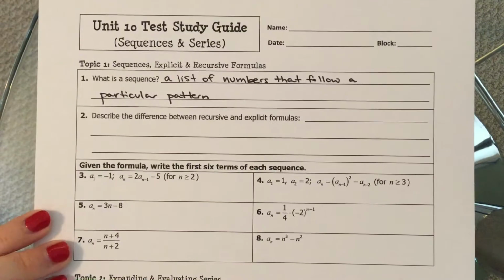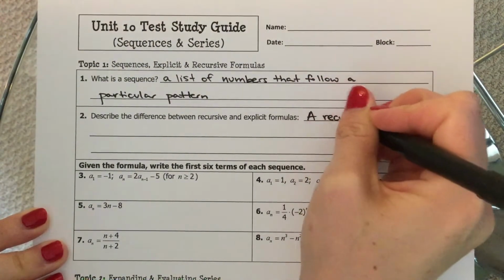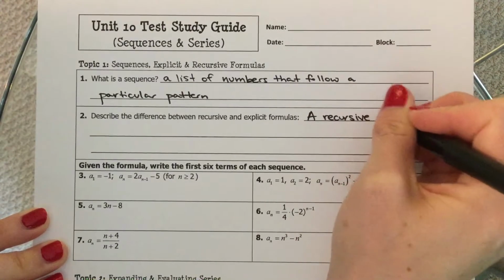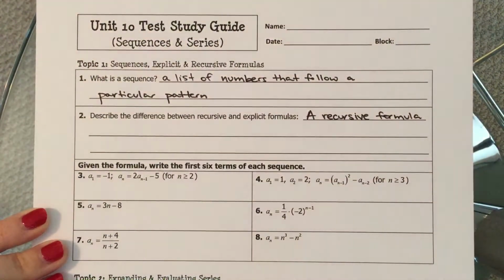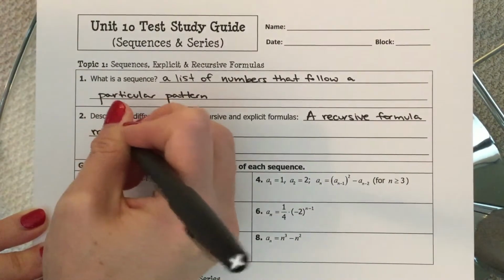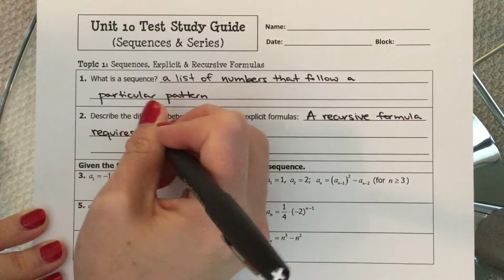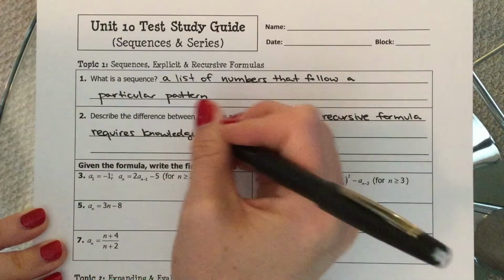A recursive formula is based on the previous term. So let's say it requires knowledge of previous terms.